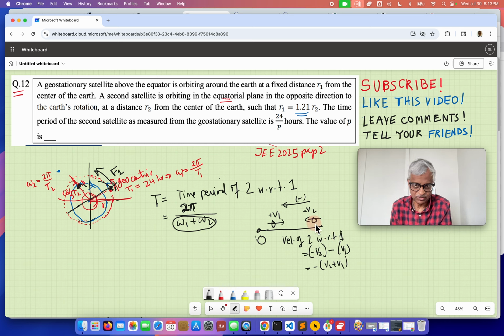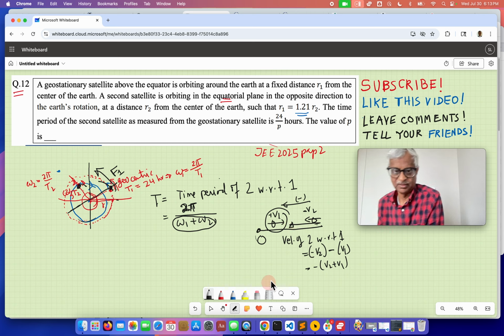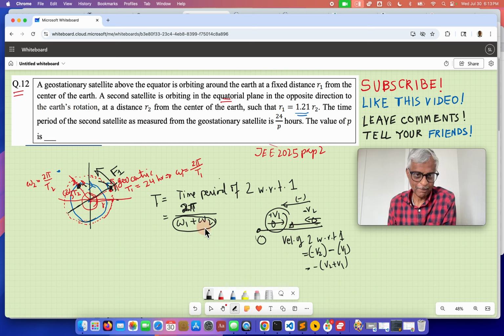As far as this guy is concerned, this guy will be going that much velocity. Same way here, velocity is adding up, angular velocity is adding up here.